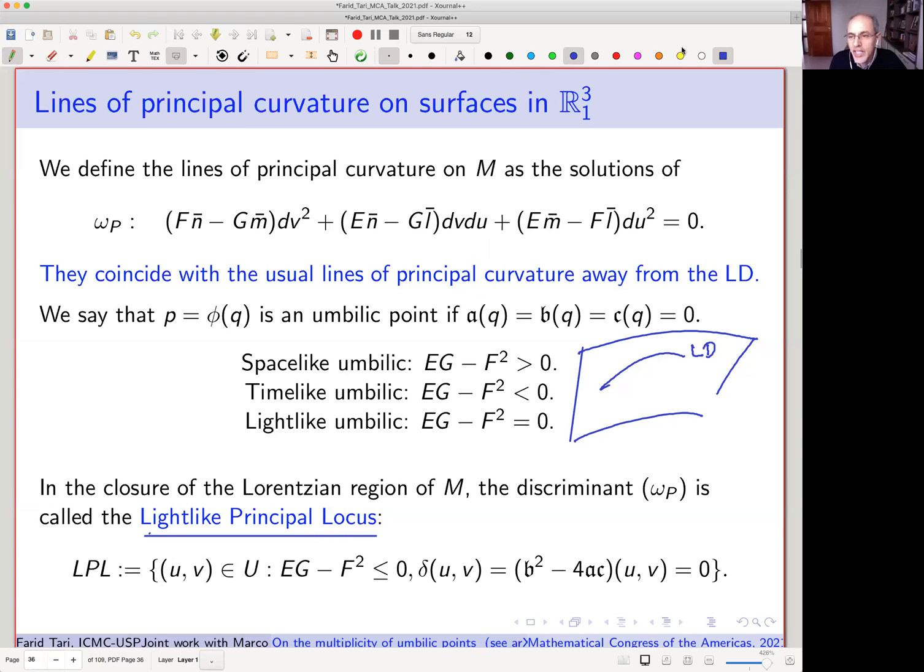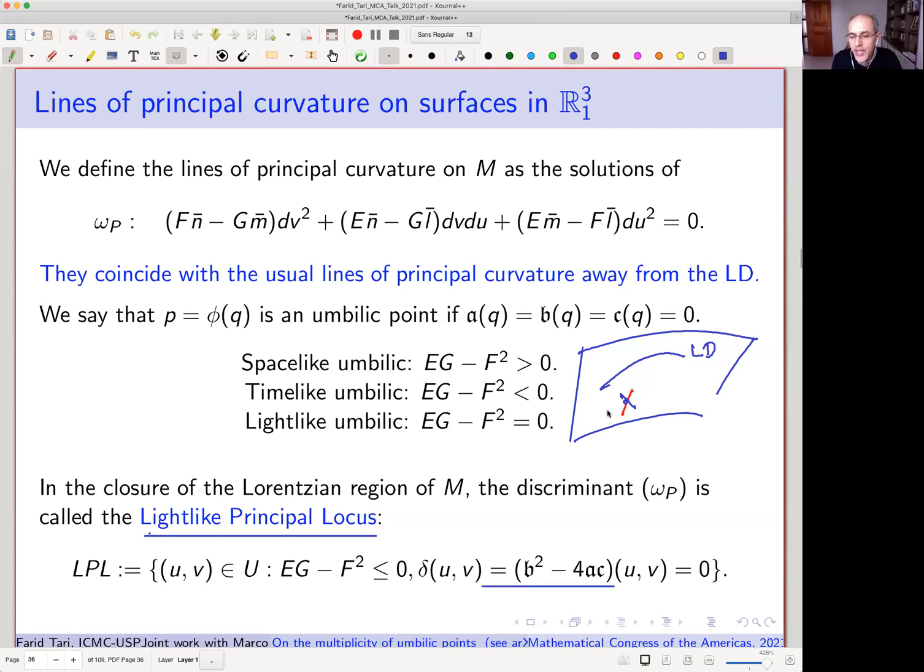Why is it called that? Because in the Lorentzian region, at points where there are two solutions, one is space-like and one is time-like. They are pseudo-orthogonal. And when they come together, they become light-like. They come together along this curve, which is the discriminant of the equation. It is called the light-like principal locus.